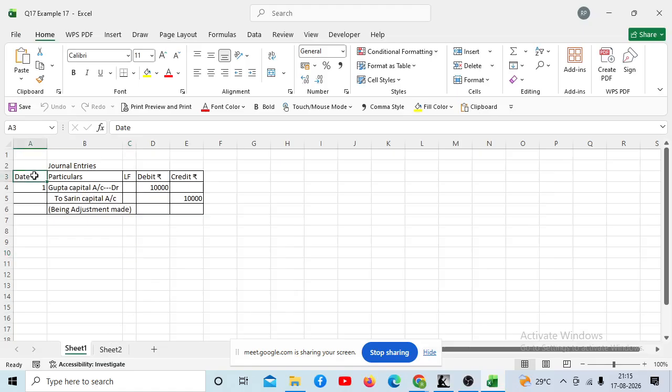Now for the rectifying entry, you have to prepare the column of journal entries only, right? So just prepare this column of journal: date, particulars, L.F., debit, credit.